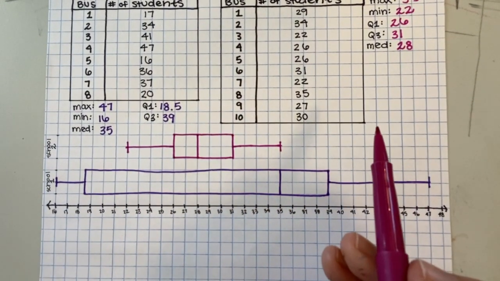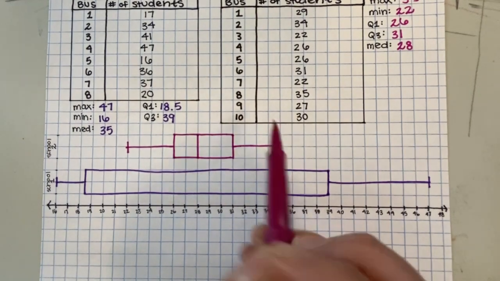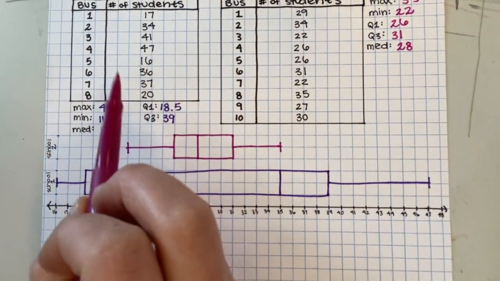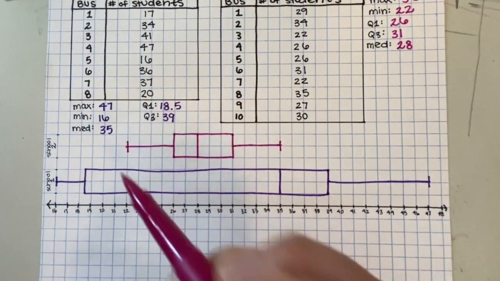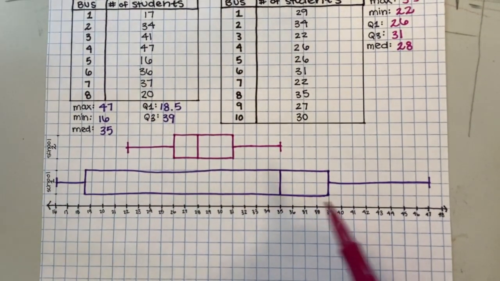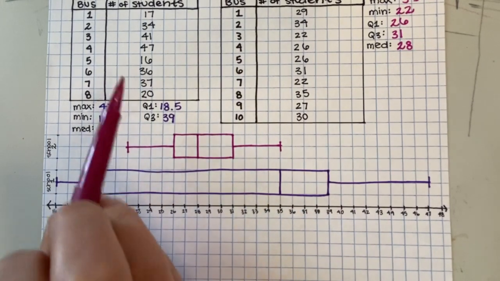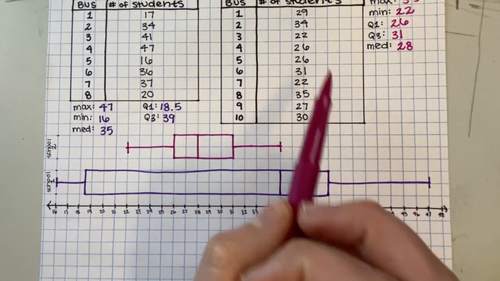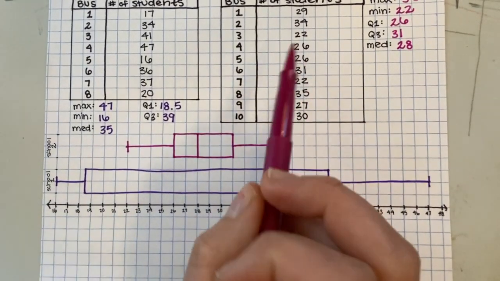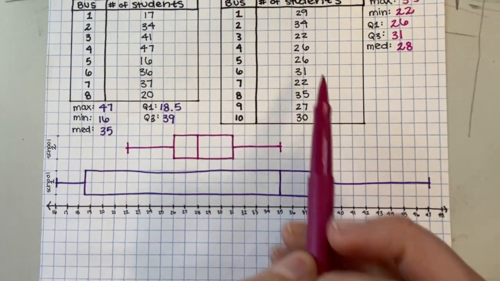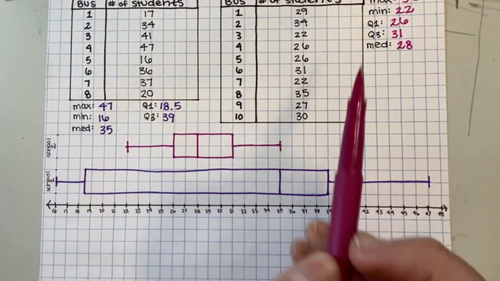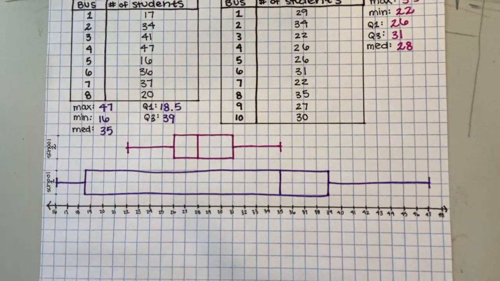So my interpretation would be that for this first school, most of our kids live pretty close to each other, so we can fit more kids on fewer buses, except for a couple of neighborhoods where we had the 16 students and 17 students. For this one, it seems like we're pretty well distributed, maybe into a few neighborhoods where we would have to send a bus into each neighborhood, which is why we have a few less kids per bus.